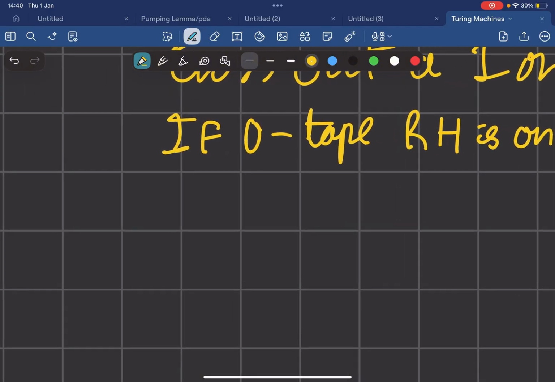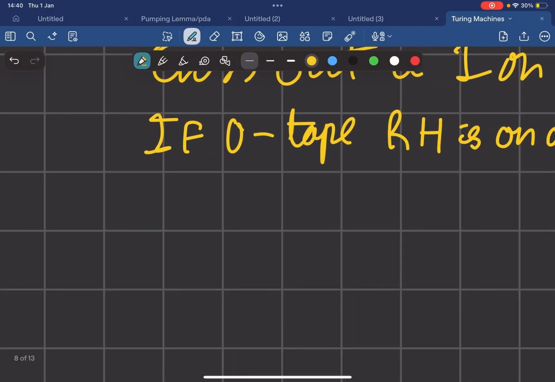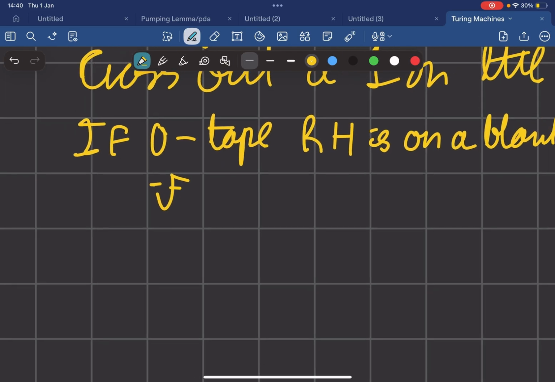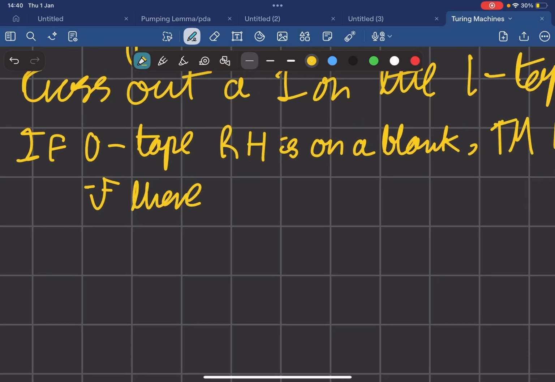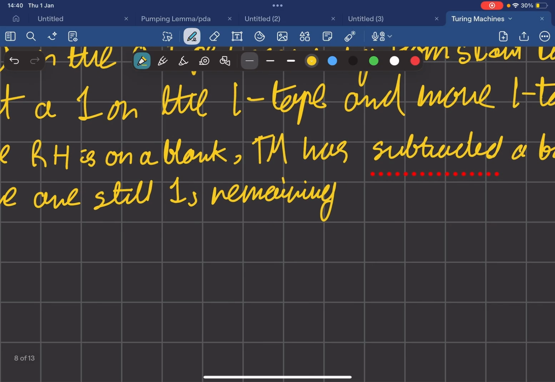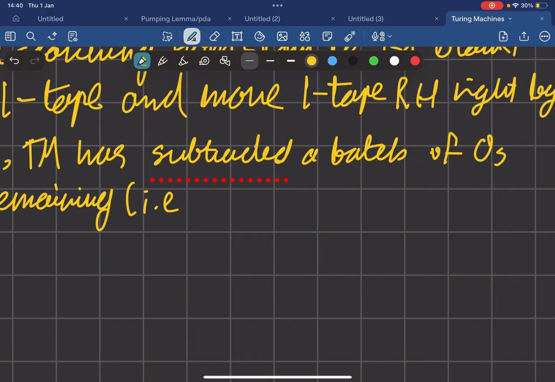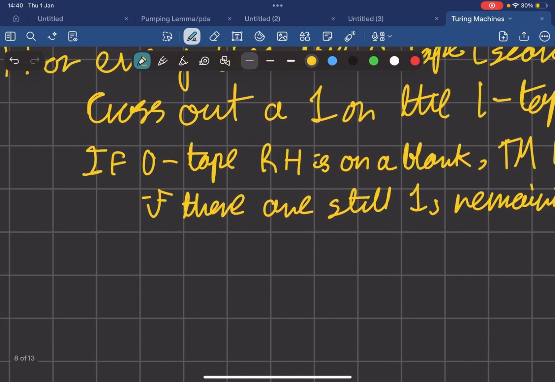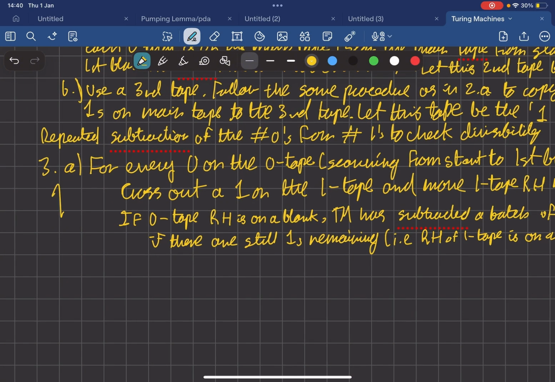And now we want to see if there's ones left to remove. So if there are still ones remaining, and the way we know that is that the read head of the ones tape is on a 1, then we just want to repeat from over here.